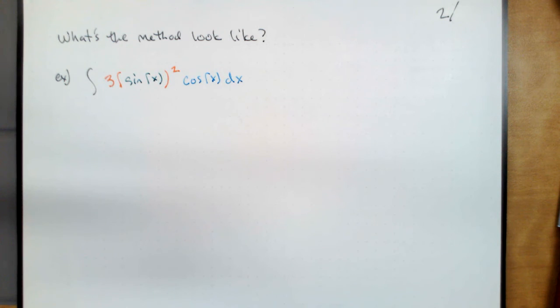We're still looking for the same things that we did before. I'm looking for something that I can call the inside function. The only function that's sitting inside anything else is sine of x. I also wrote it in green. That makes it super obvious. So we want to identify the inside function.